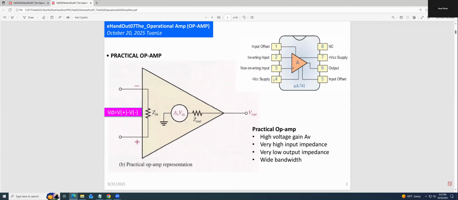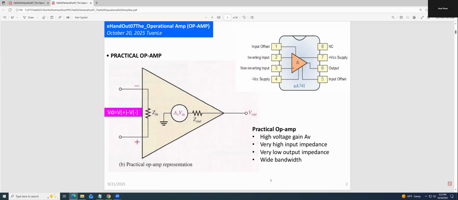Okay, basically this one, IC 741, that's the op-amp. You will be working at the lab. Okay, and now for the practical op-amp, you get input negative inverted, positive will be non-inverted, and VD, the difference between positive input and negative input, is supposed to be equal.